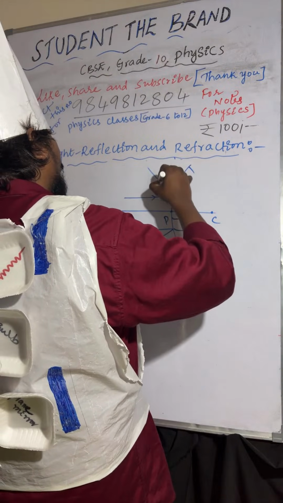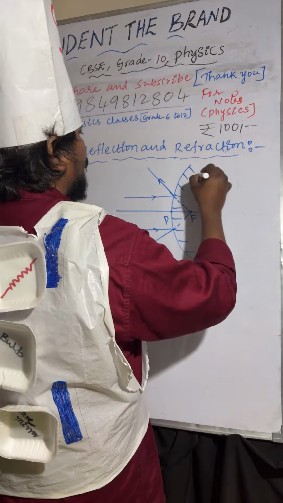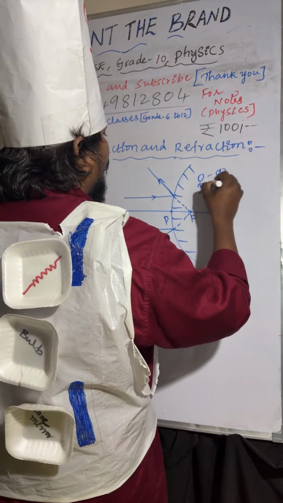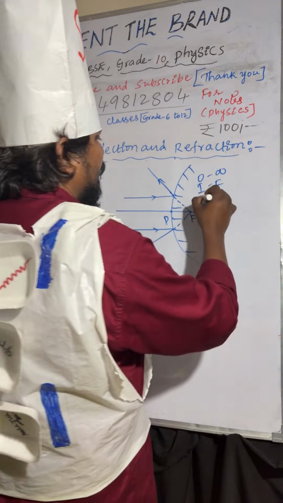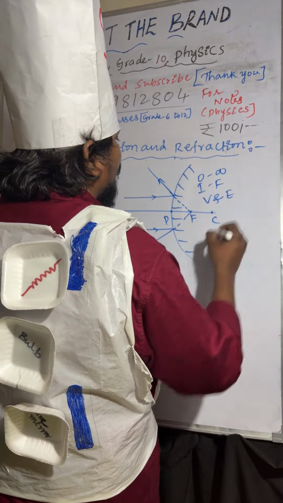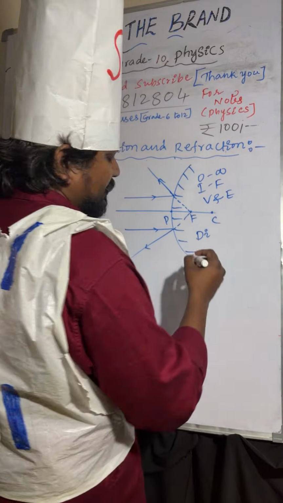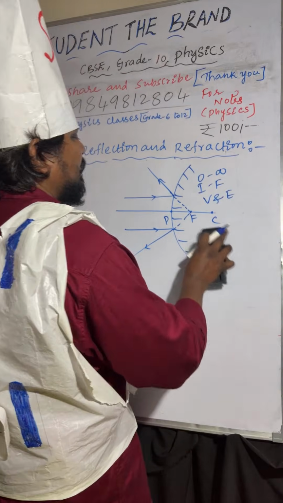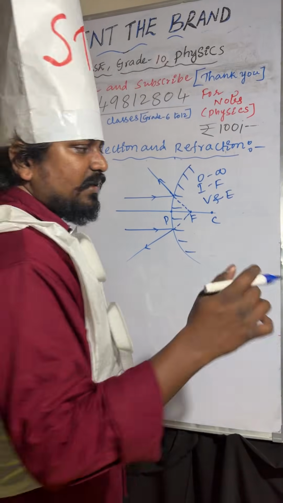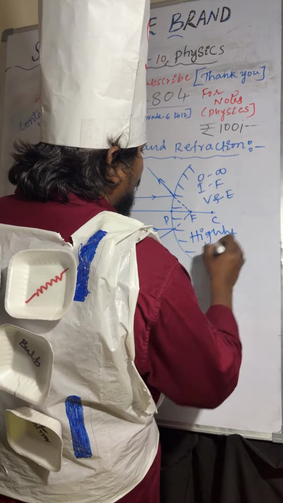If you extend those light rays, the object is at infinity, the image forms at focus, the nature of the image is virtual and erect, and the size of the image is highly diminished, point size.